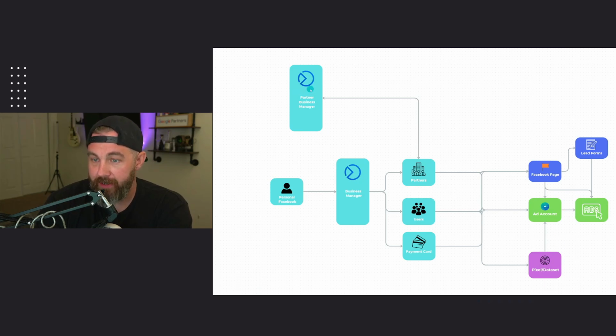And then again, they're in their own Business Manager being able to see these assets and manage them, whereas they don't have control of your Business Manager where they could potentially shut you out, steal stuff, do a bunch of harmful things. So that's why it's good to have this distinction here.